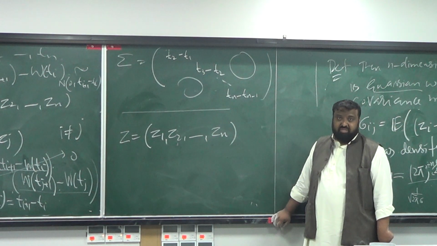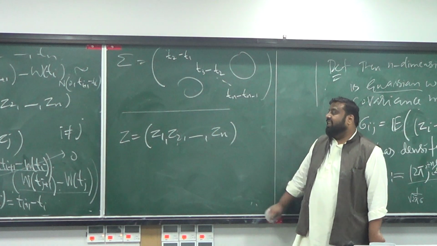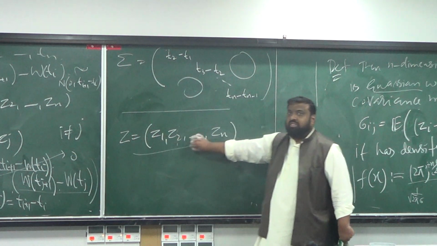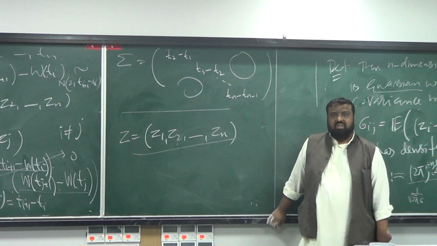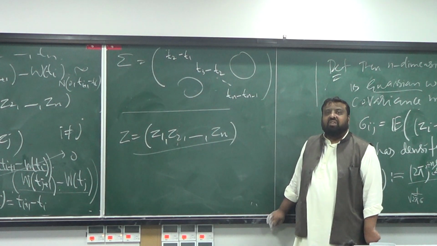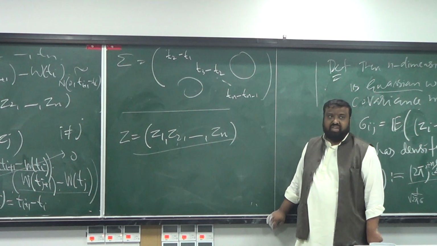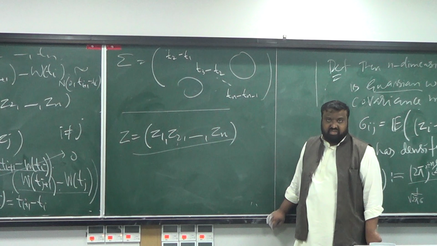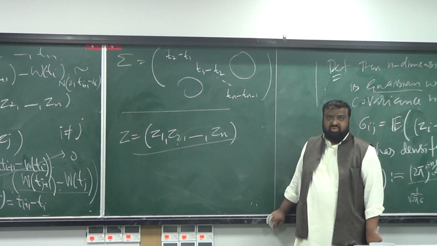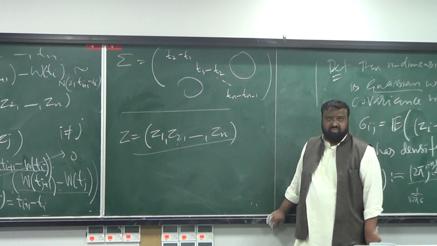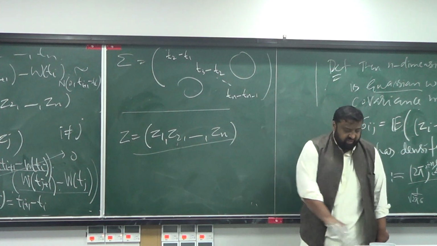They are individually normal, but I can't say it unless I know that this is a Gaussian process, unless I assume that this vector is a Gaussian random vector. You can have a situation where you have two normally distributed random variables, but their joint distribution is not necessarily normal. It's something else. So you have to be very careful.